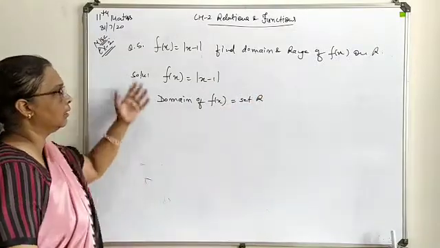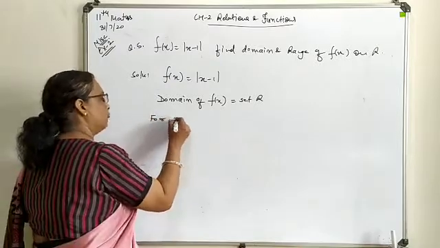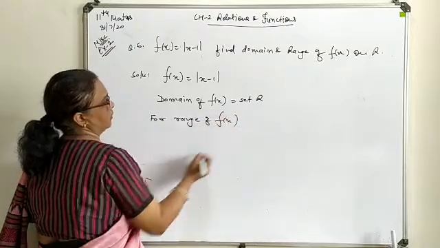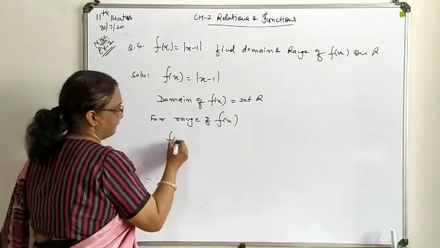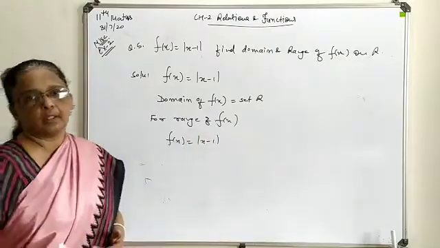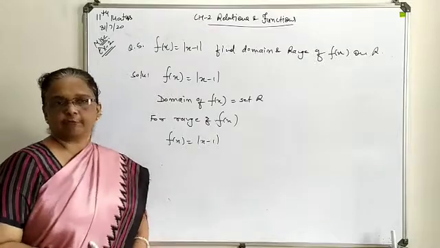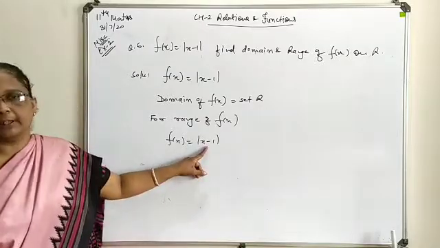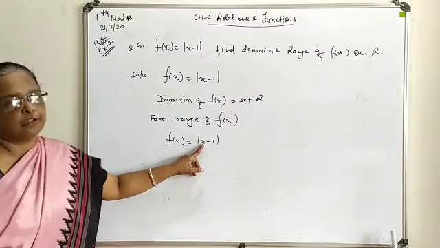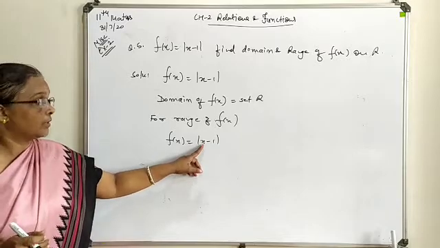Now secondly, the range. For the range of fx you will talk about the following. As it is a modulus function, two types of solution it will give. First, it will give you a 0 solution: if you select x as 1, it will give you a 0 answer, which is neither positive nor negative.